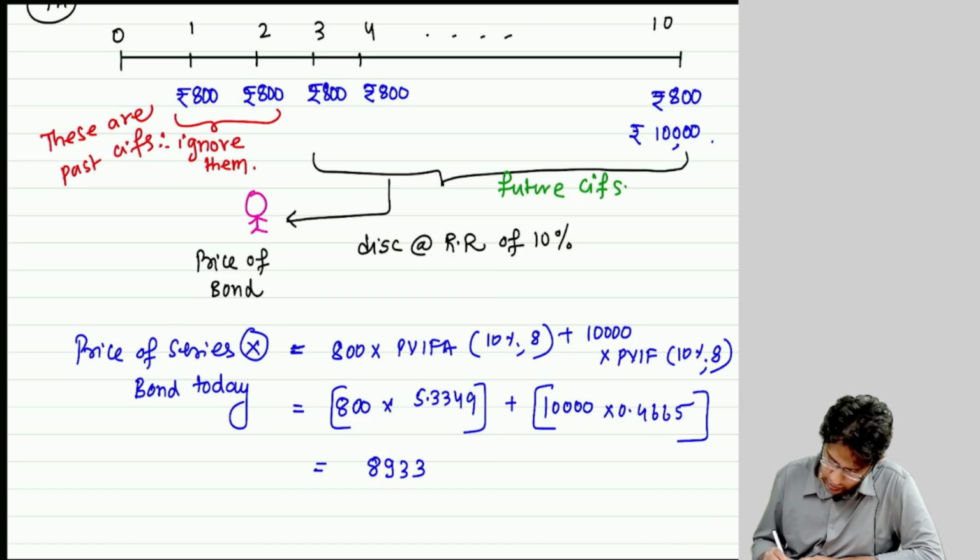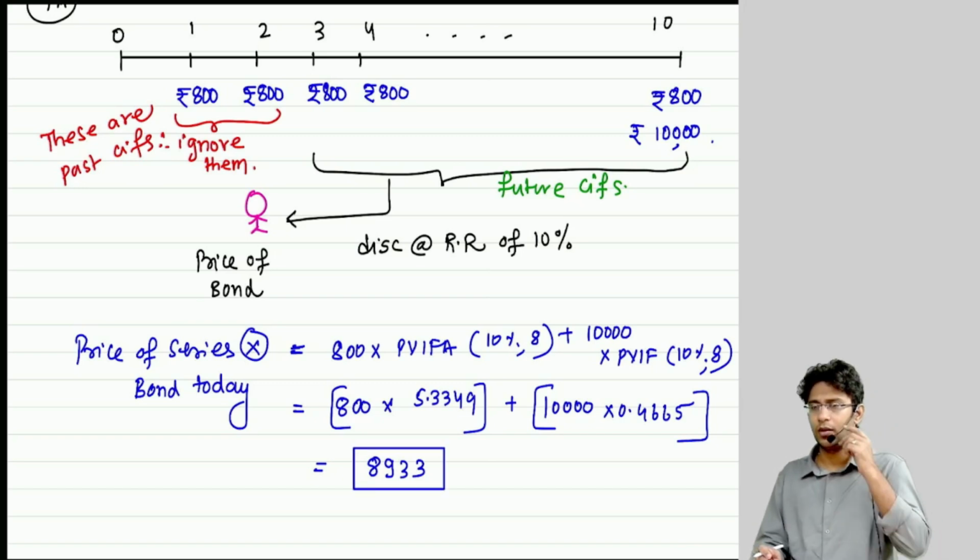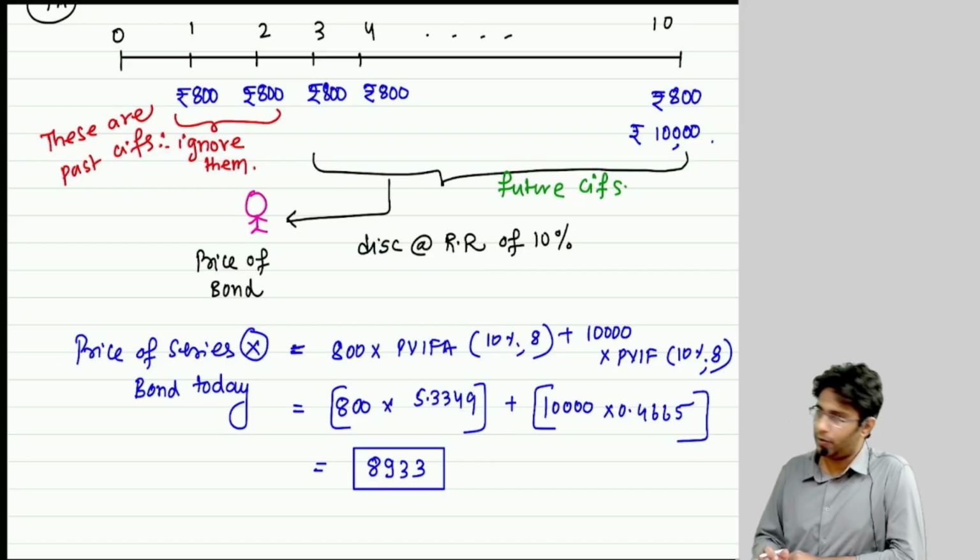Okay, you make it 33. Leave it, even if the decimals are right, nothing will happen. You need not pay, you just have to write.